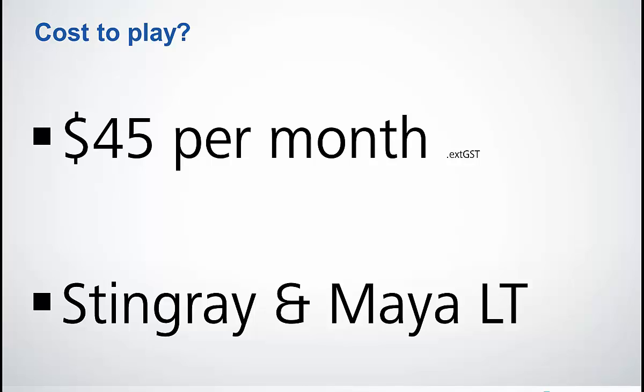I think that's incredible. That's an incredible price. So basically, with those for $45 a month, you have at your disposal all the resources you need to make a game. You've got all your asset creation tools. You've got all your animation tools. You've got audio tools. You've got your engine. You've got everything there to go. So enough said about how much it costs, but yeah, it's pretty ridiculous how cheap it is.